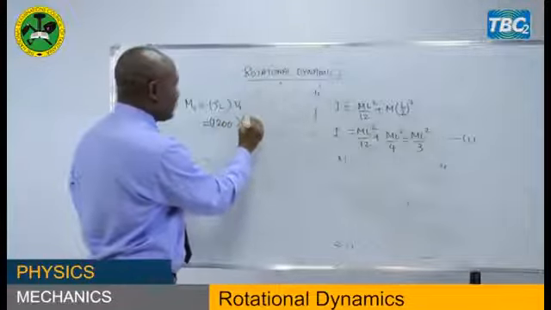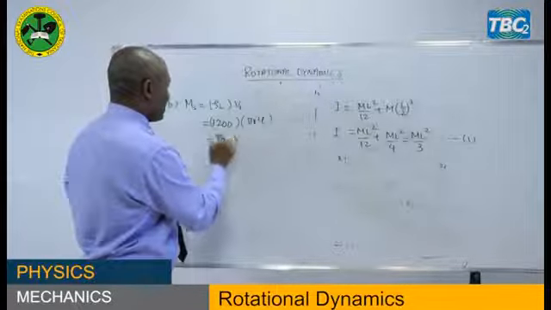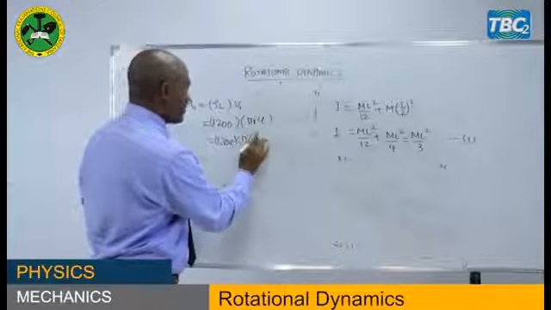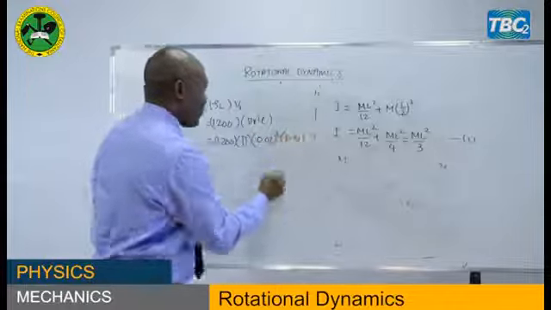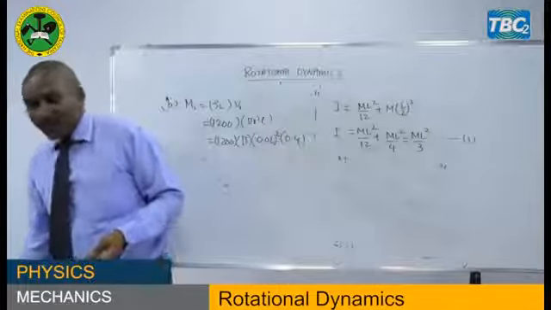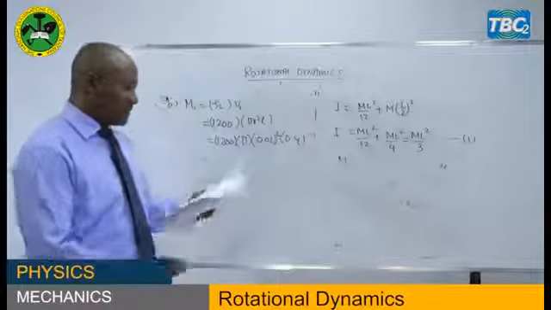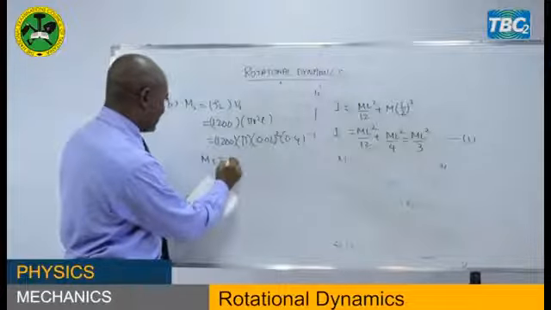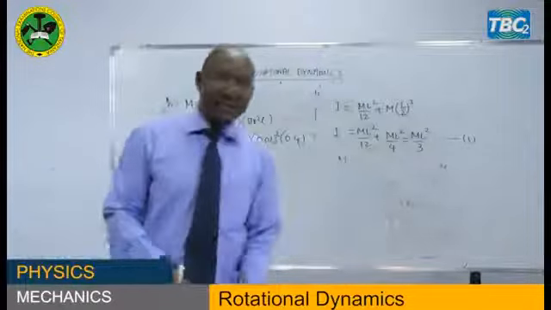The volume is pi r squared length, and the radius is 0.02 squared times 0.4. So from there, you get the mass of the solid when immersed in that liquid. If you compute that, you get that mass as 0.6 kg.